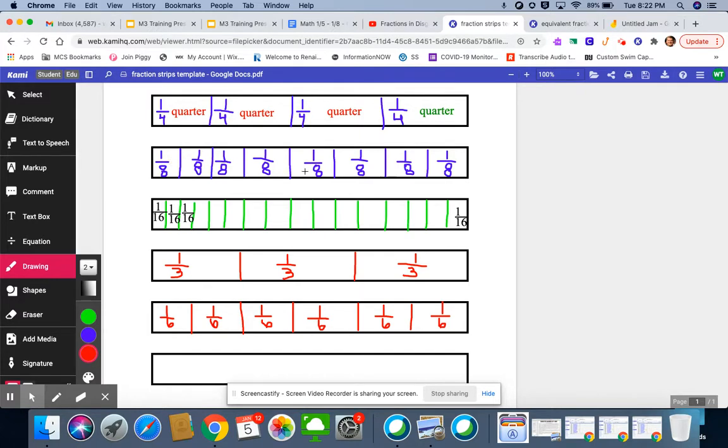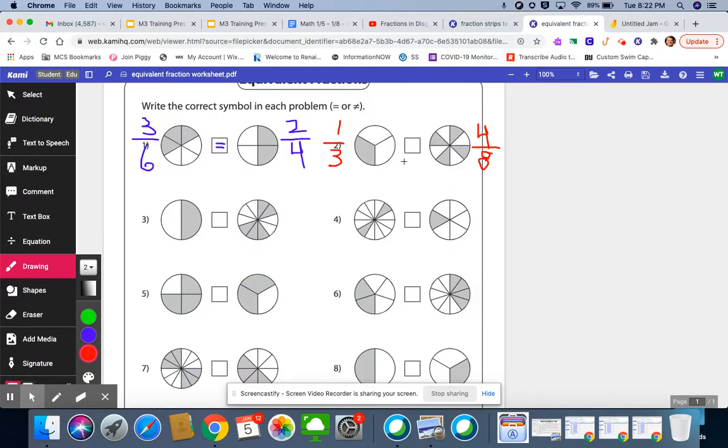Is it this one or is it this one? That's right. So the 4/8 is bigger than the 1/3. So I'm going to say that's not equal. And I can also say that this one is greater. So I did that symbol.